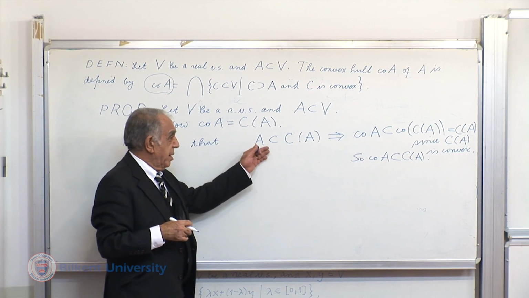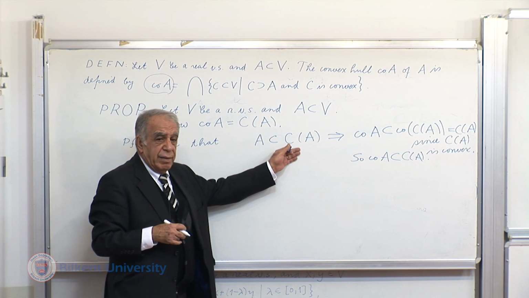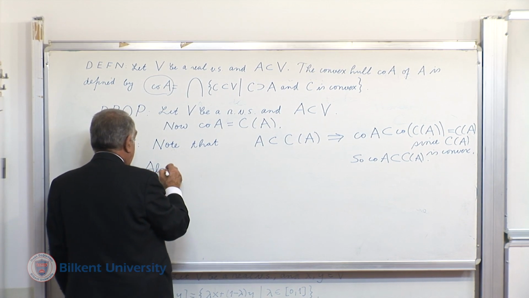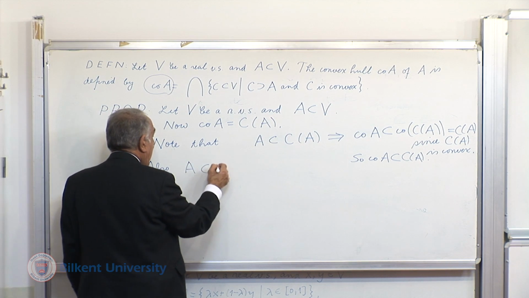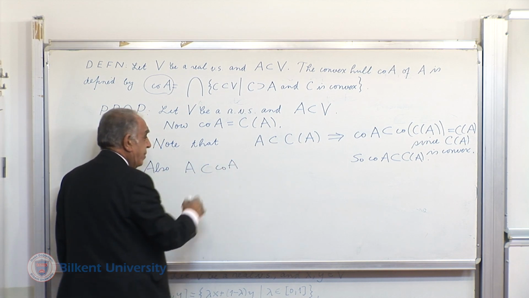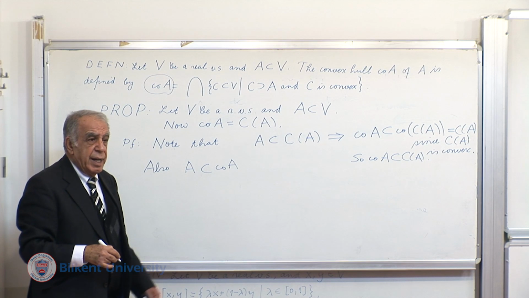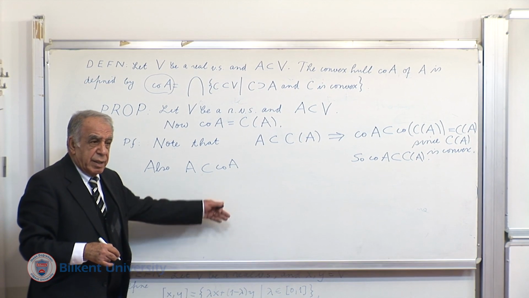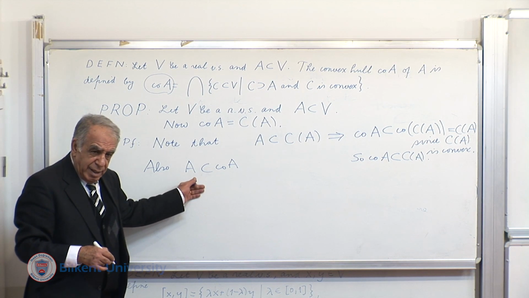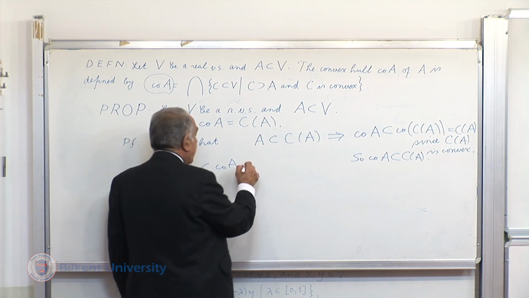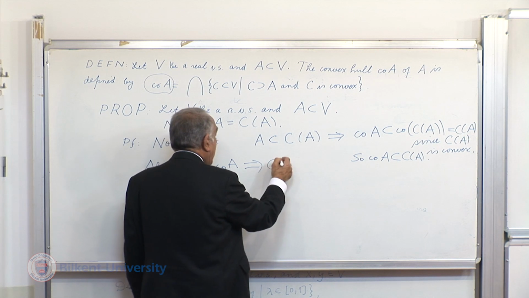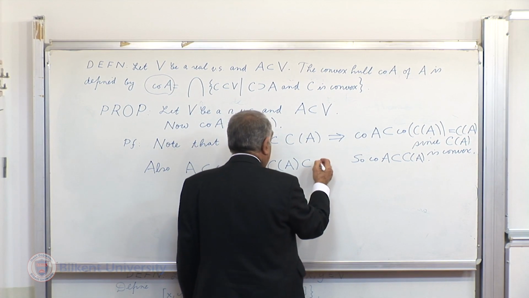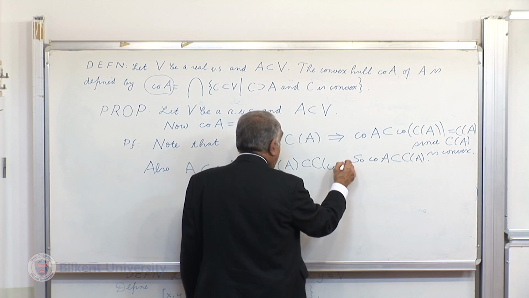Instead of starting with A and C of A, let's start with A and the convex hull of A. A is in the convex hull, because this is the smallest convex set containing A. But that implies that C of A is contained in C of the convex hull of A.